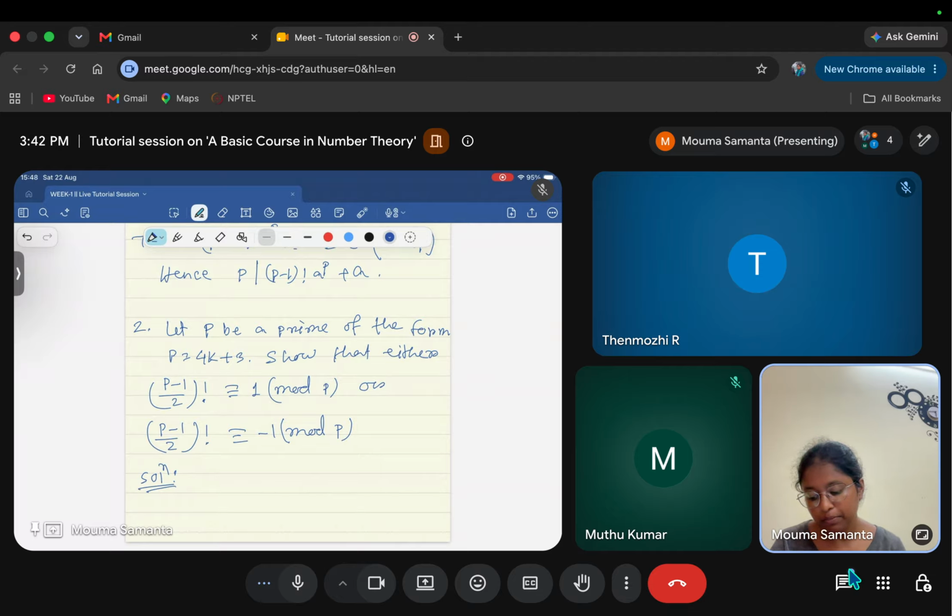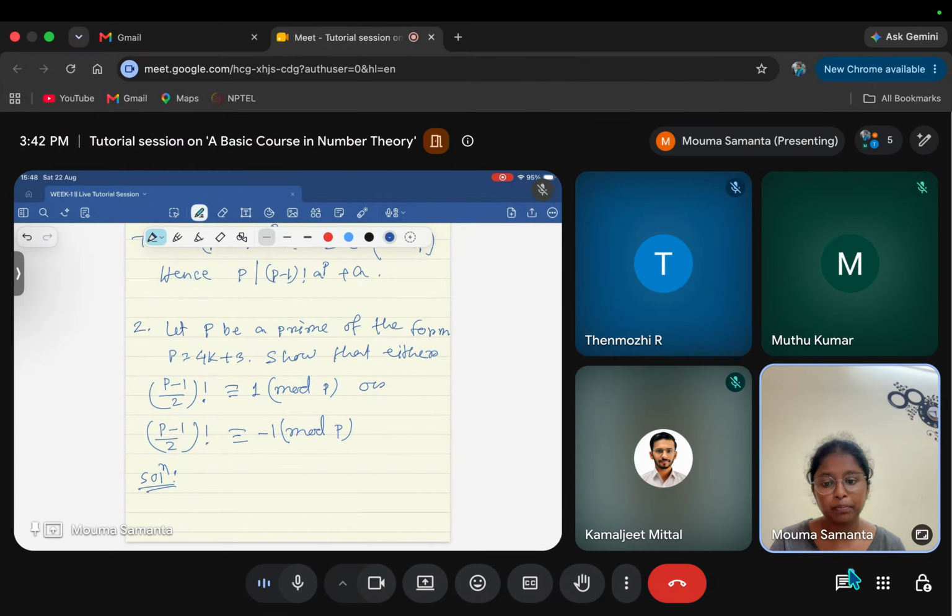So given that p equals 4k plus 3, therefore what will be ((p minus 1)/2) factorial? So (p minus 1)/2 will be (4k plus 3 minus 1)/2, that is 2k plus 1.